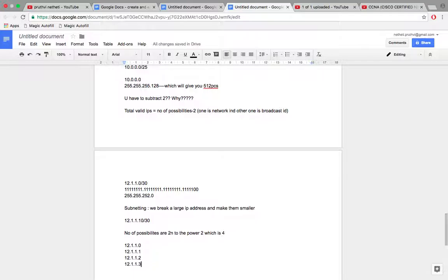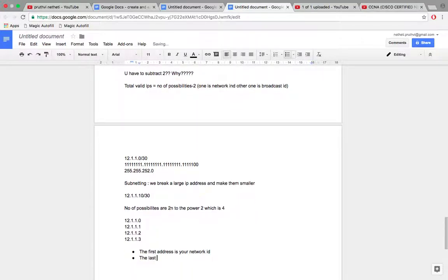We do have these four possibilities, but remember a very important point in networking: the first address is your network ID and the last address is your broadcast address.